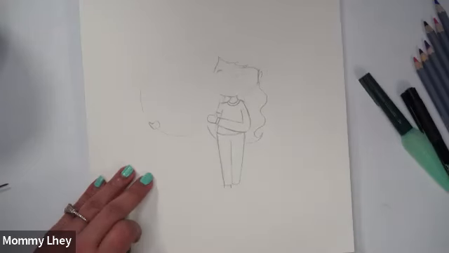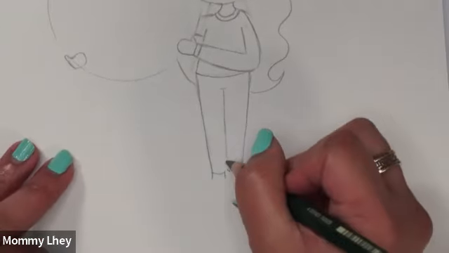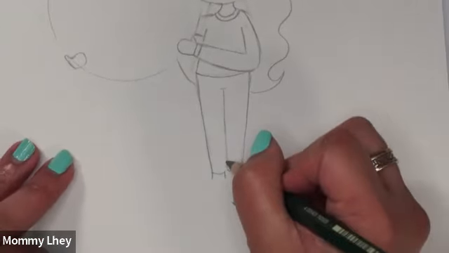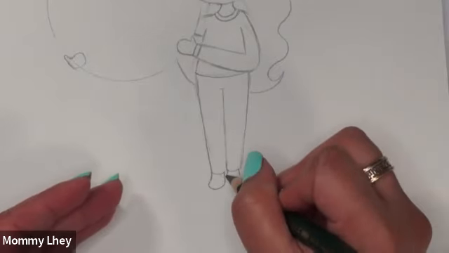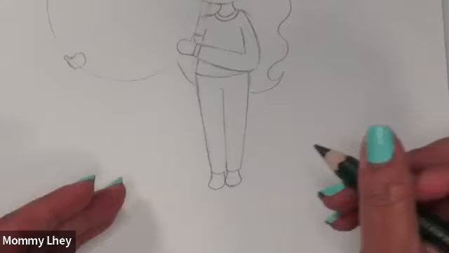Now for my feet, I'm going to do first. Now maybe I should zoom in here so you guys can see this one. So almost like 4 diagonal lines. And then a curve. And then another curved line.